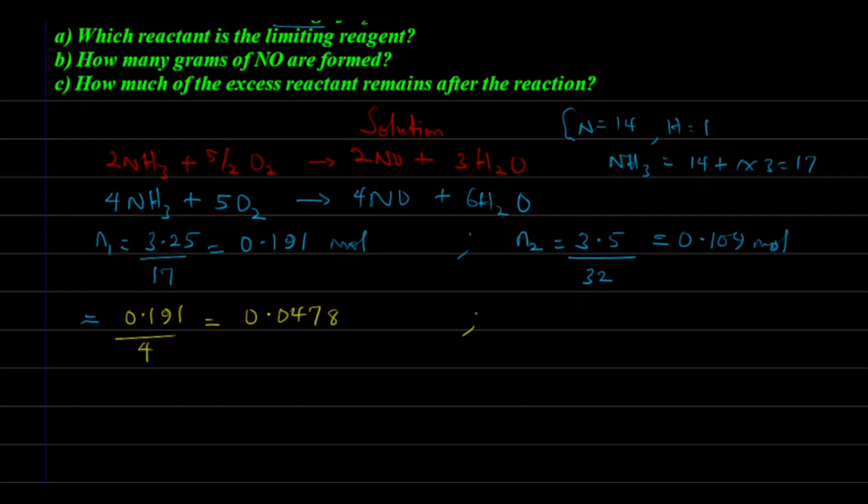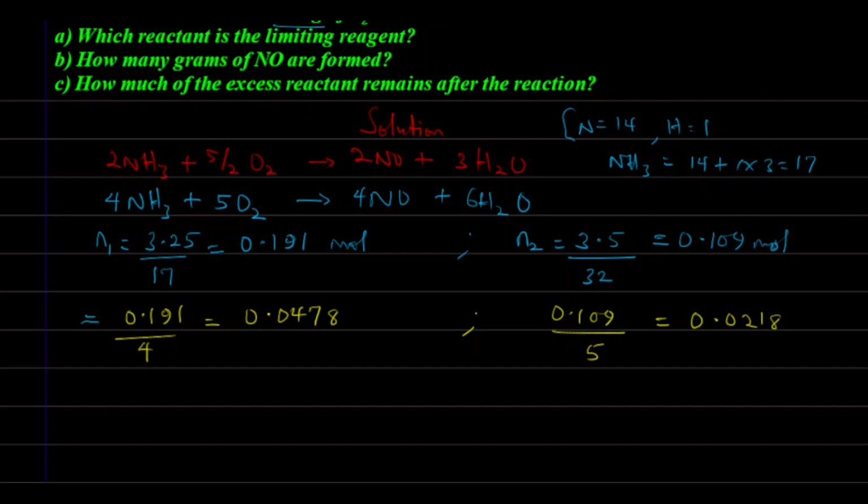Then for oxygen, the number of moles of oxygen is 0.109. You also need to divide it by the stoichiometric coefficient. The stoichiometric coefficient of oxygen is 5. So we have it to be 0.0218.